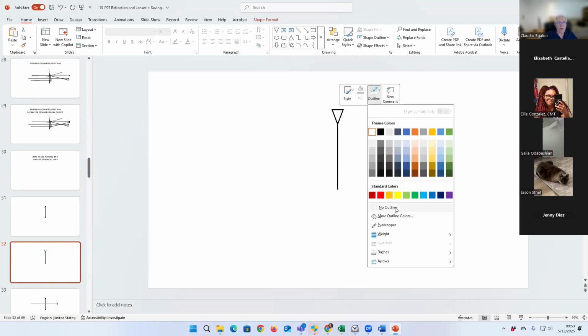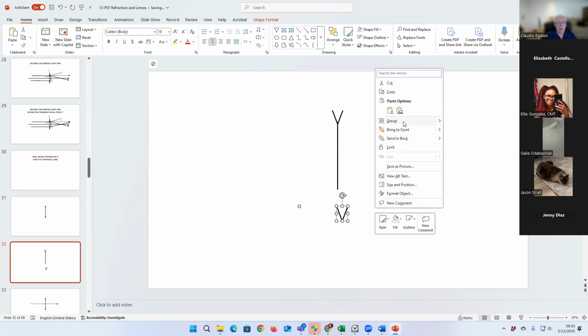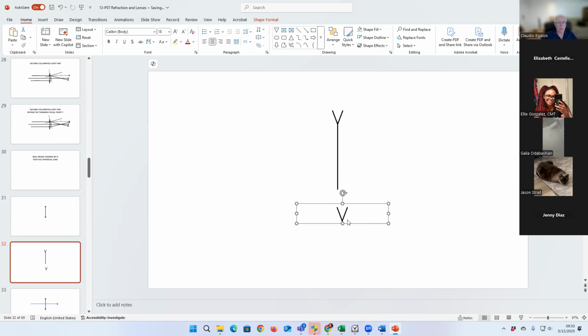I'll make this one thicker as well. Okay. Group. Yep. Let's see if I can invert. Yeah, I can invert. Good. That's the representation of a negative lens.